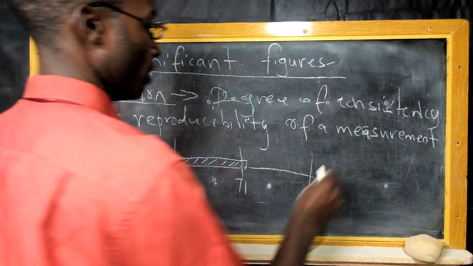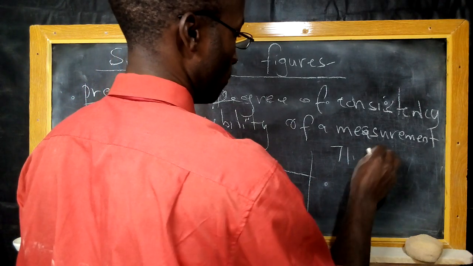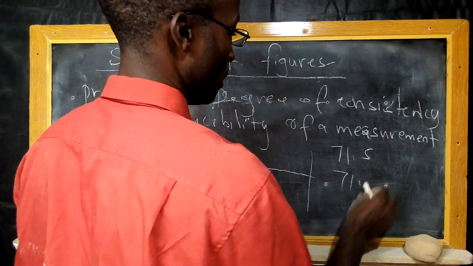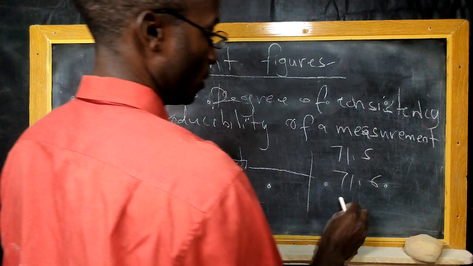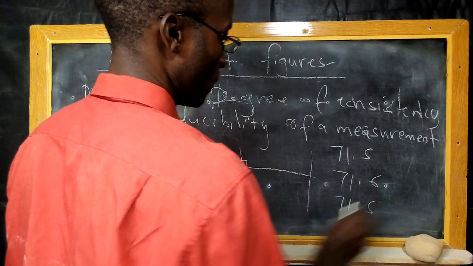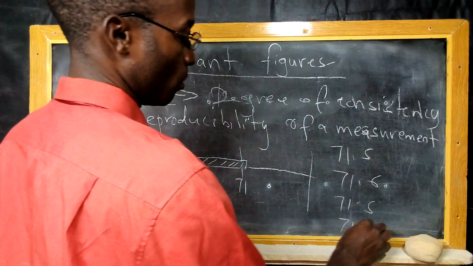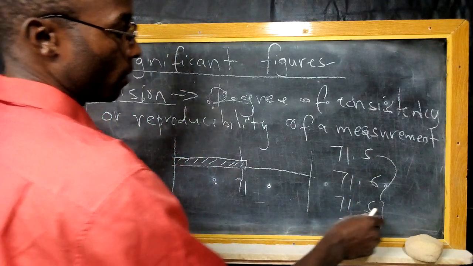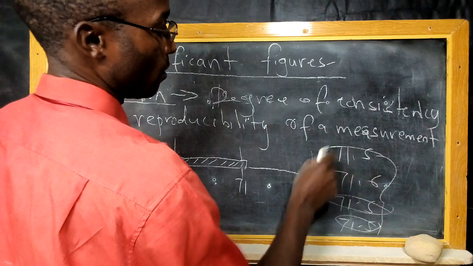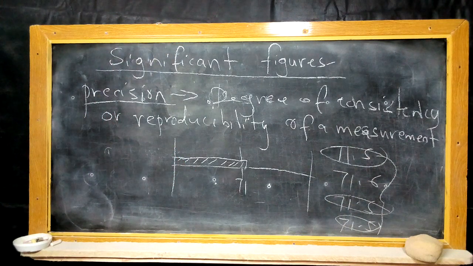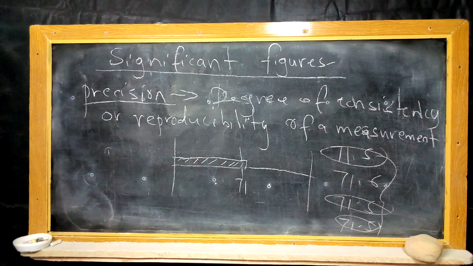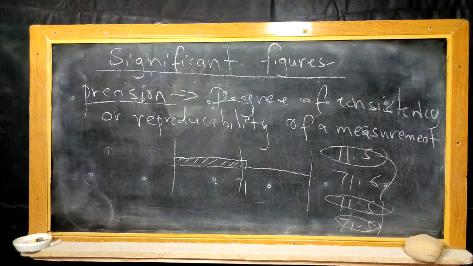If I do the first measurement and find 71.5, a second measurement 71.6, then a third trial 71.5, and a fourth trial 71.5, I say that the 71.5 that has repeated itself three times is what I call consistency. This kind of consistency is what we call precision. So I'm being precise in taking those measurements.